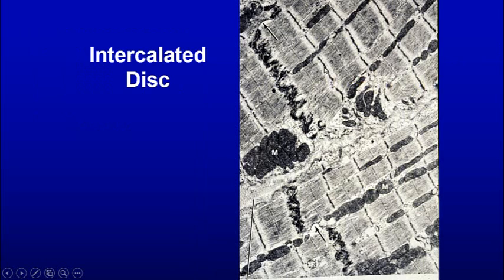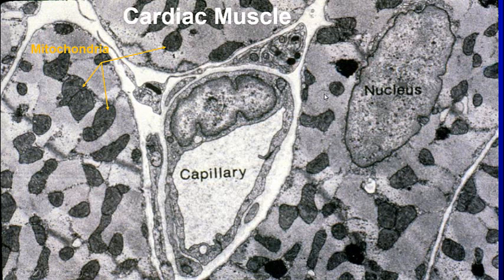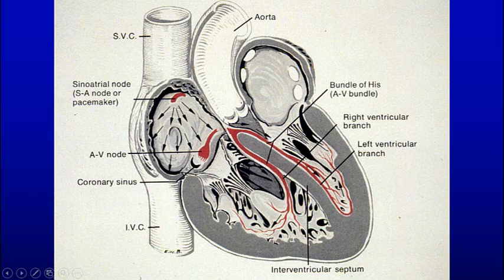You have the I band and the A band with a sarcomere being from Z-line to Z-line. Lots of mitochondria in cardiac muscle cells, as you can see there. And also there's a blood vessel, a vasa vasorum. And this one has a little pericyte associated with it, and nerve to direct it.